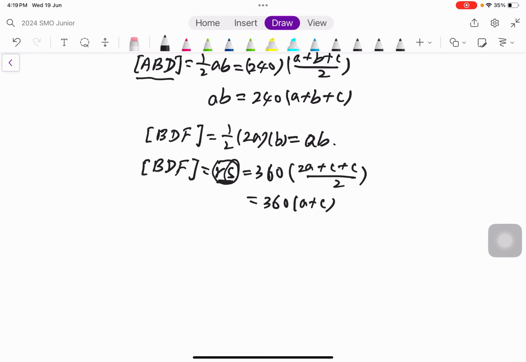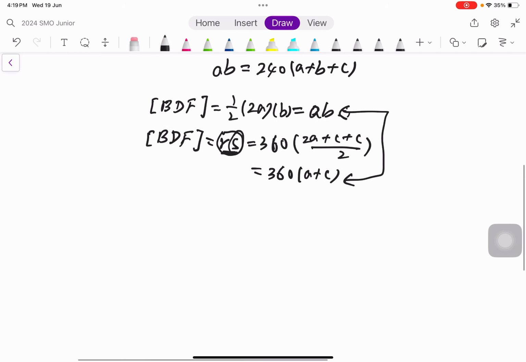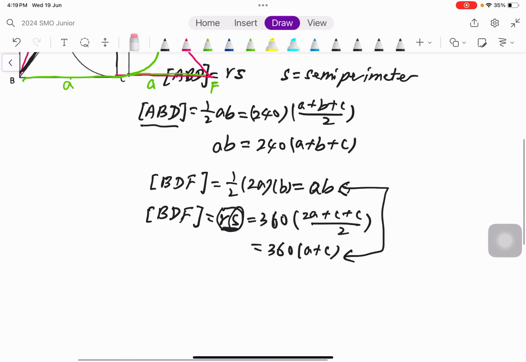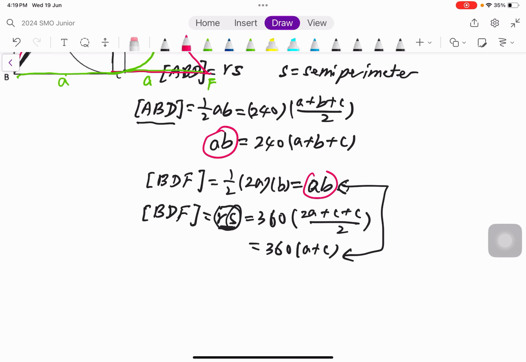Therefore, these two are again equal. Therefore, in this case, can you see that? And can you see that this is also equal to AB? Take note, this is AB. Therefore, these two must be equal also, right? Therefore, now what do you get?